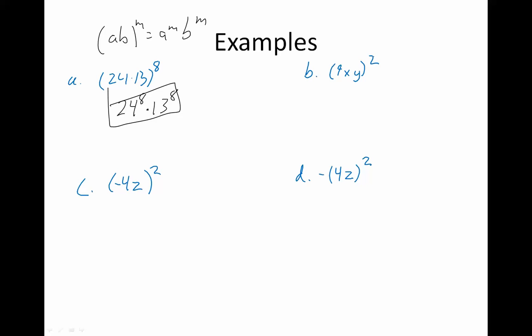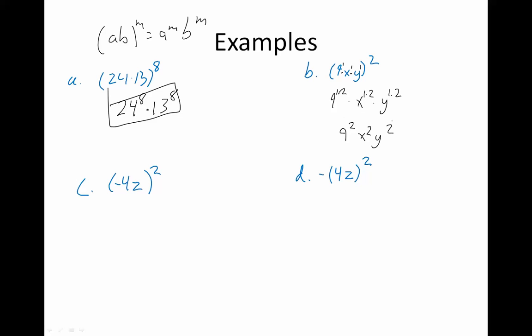Let's look at b, 9xy to the 2nd power. Again, everything in here is going to be taken to the 2nd power. This is 9 to the 1 times 2. There's a multiplication there. Times x to the 1 times 2 times y to the 1 times 2. Or 9 squared times x squared times y squared.